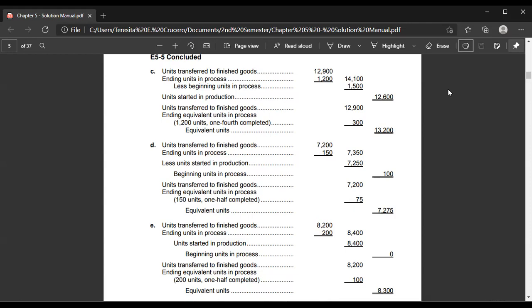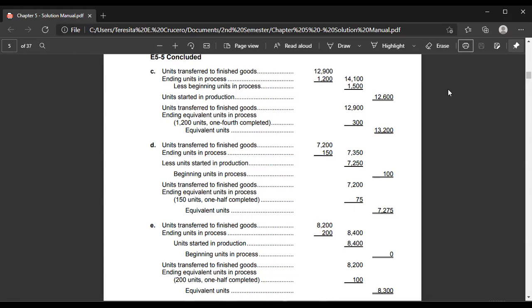You get 7,350. So on the other side, 7,200 completed, the ending inventory is 150. Okay, so units completed, 7,200, and you have your ending inventory of 150 times 1/2.